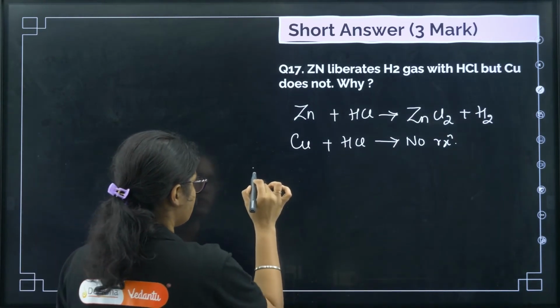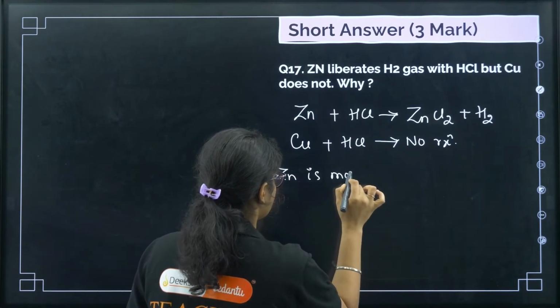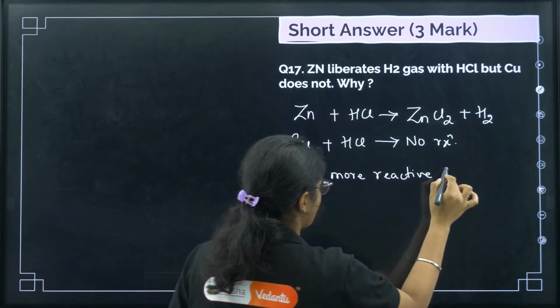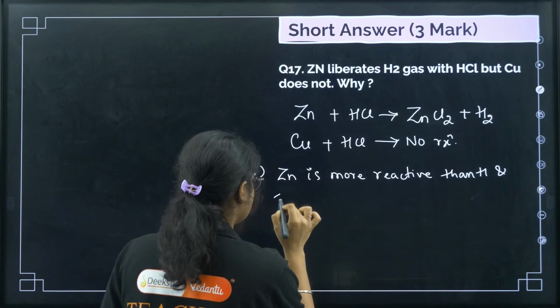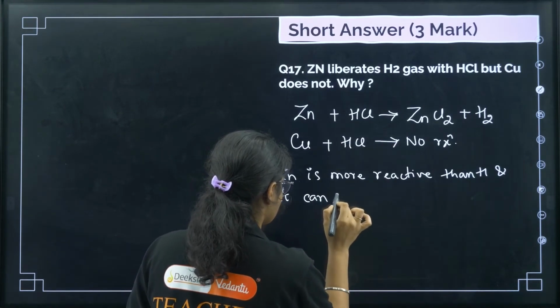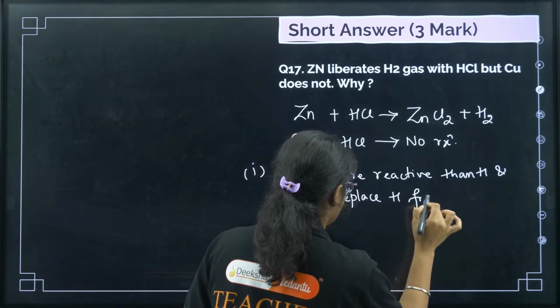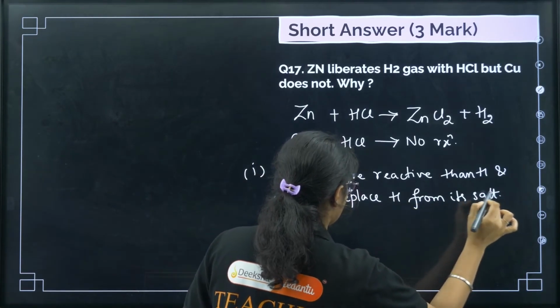First thing you need to write: zinc is more reactive than hydrogen and it can replace hydrogen from its salt, right?